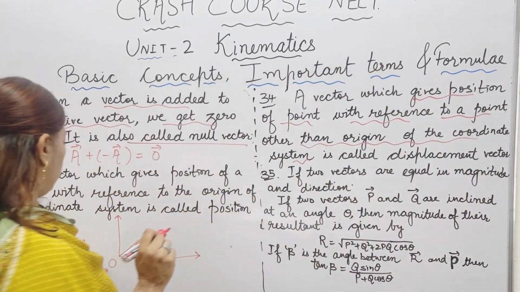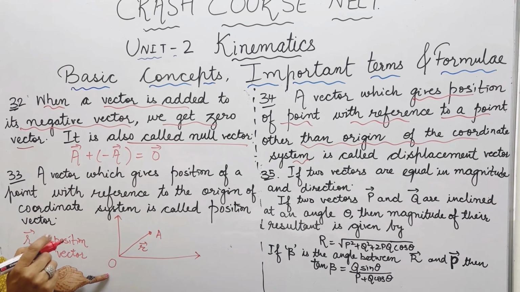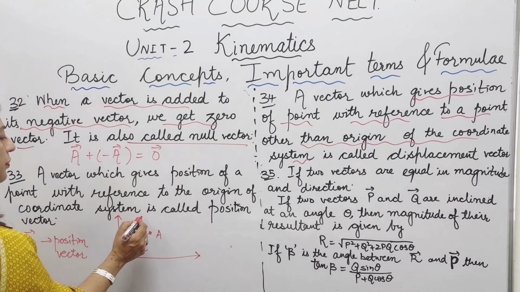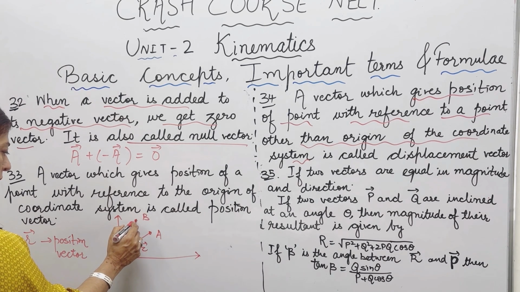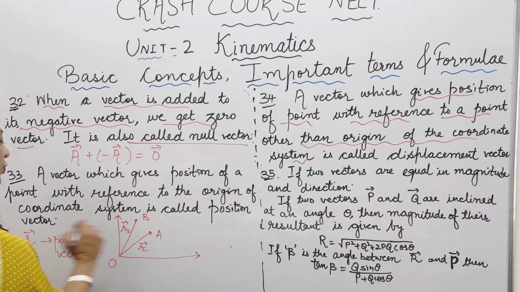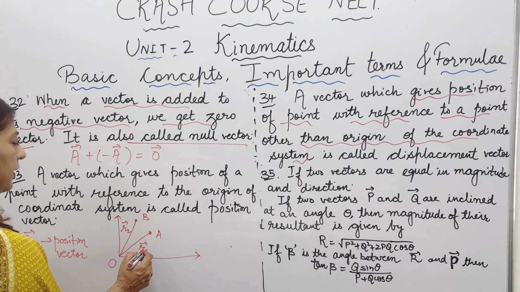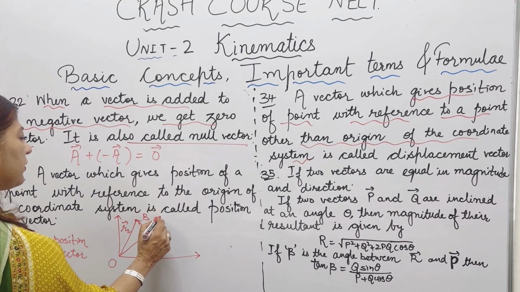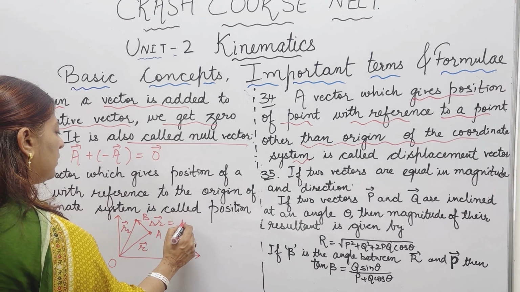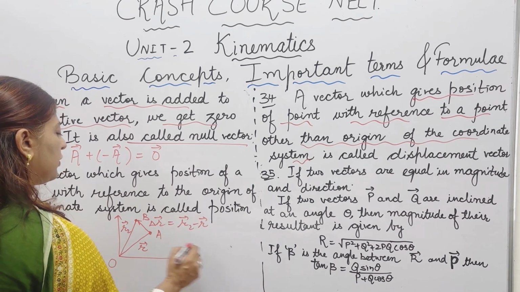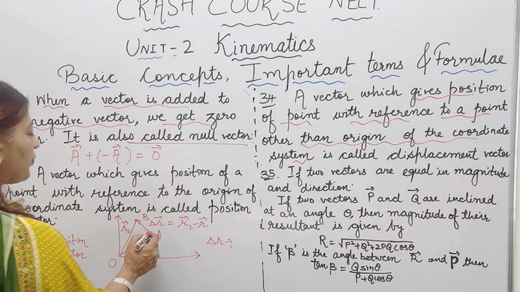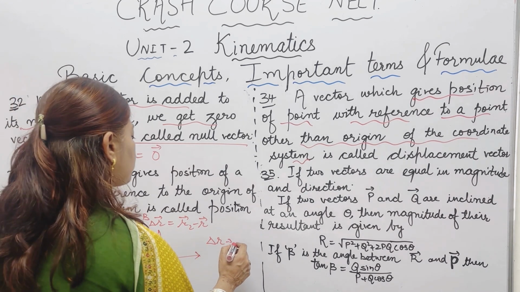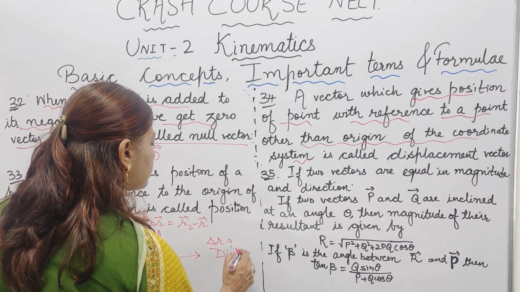O is the origin, and we have to mention the position with respect to a point other than the origin. So let B be another point, and R2 is the position vector for B, and let the distance between B and A be delta R. So this is given by R2 minus R. So delta R gives the position of point A and B, not including the origin. So delta R is called the displacement vector.